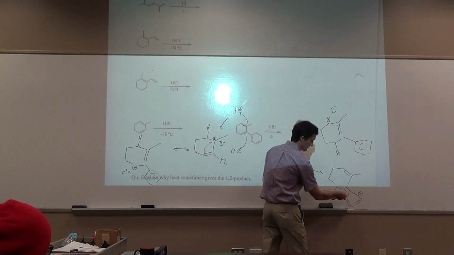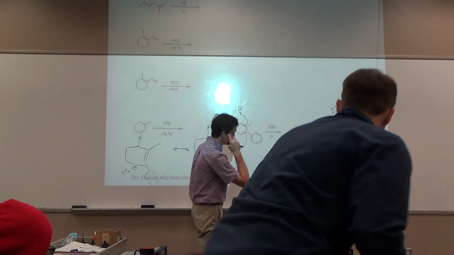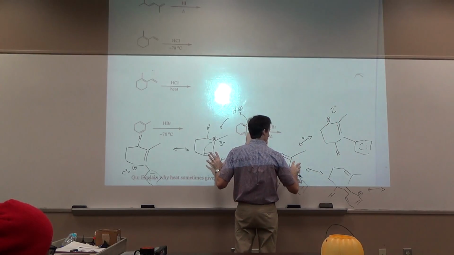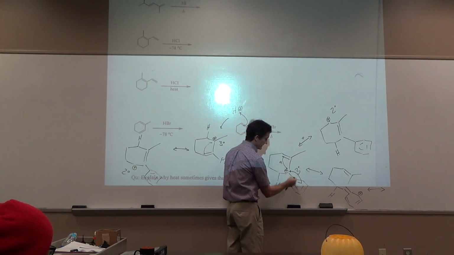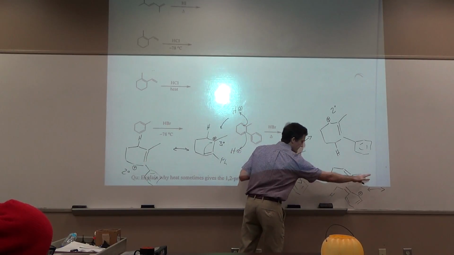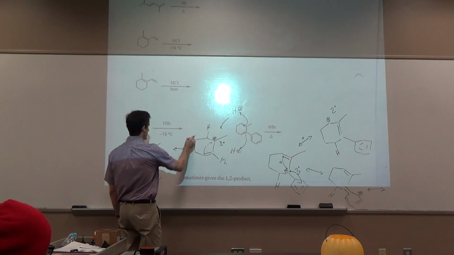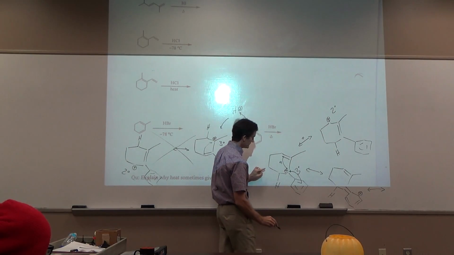Multiple resonance structures, because we can actually keep going. And if you don't keep going, you see that you have tertiary, secondary, tertiary, secondary. Because this is resonance stabilized here, that's your best cation. So once we do that, we're not doing this over there. This is the way it goes.